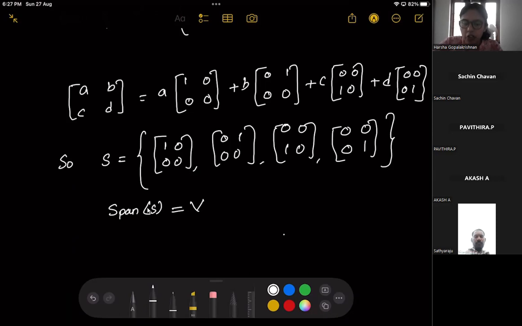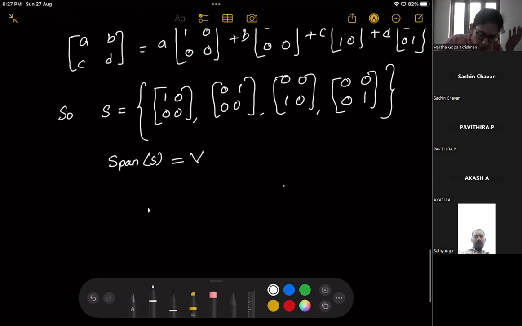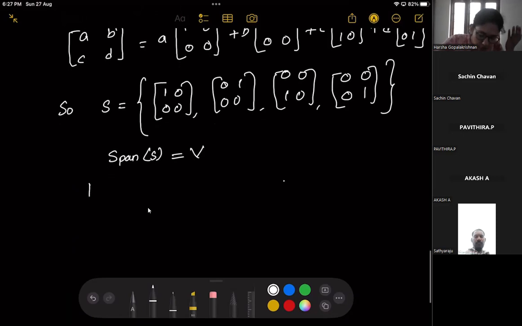Basis means span of S should be equal to V and this S should be linearly independent. Okay. Now, our question is: is S linearly independent? What do you think?